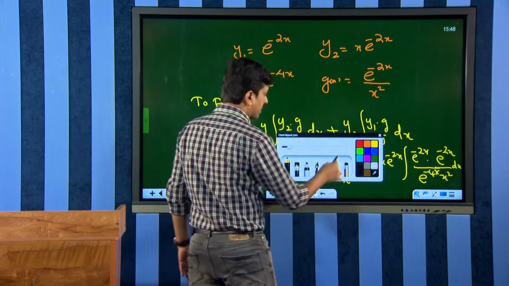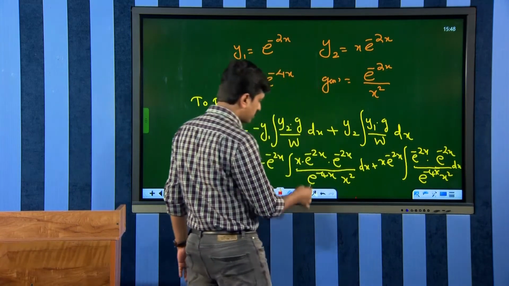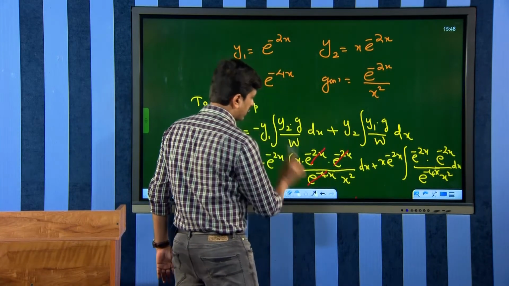Okay, we can cancel the terms e raised to minus 2x and e raised to minus 2x against e raised to minus 4x here. And also here we can cancel e raised to minus 2x, e raised to minus 2x against e raised to minus 4x.